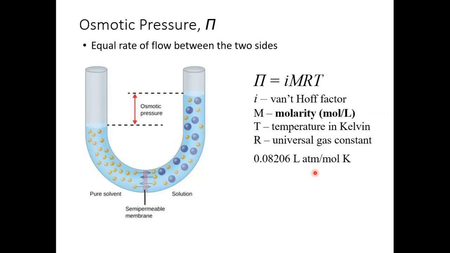So don't forget that when you're doing calculations in chapter 10 with enthalpies of vaporization, you've got to use that R value. If you're doing osmotic pressure, you've got to use this R value too. That is on this paper.